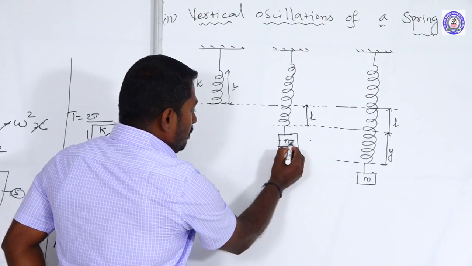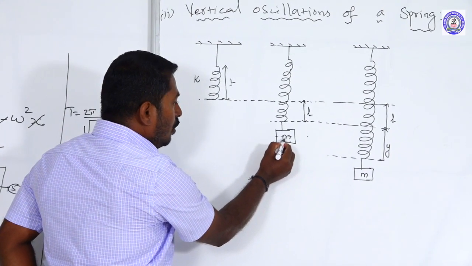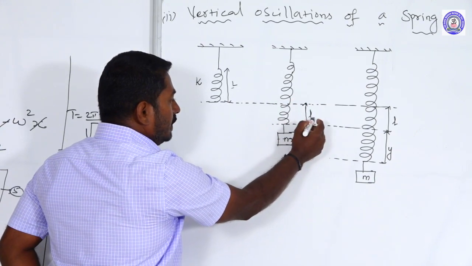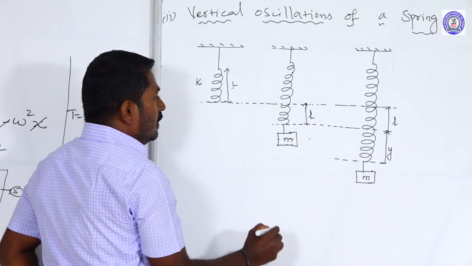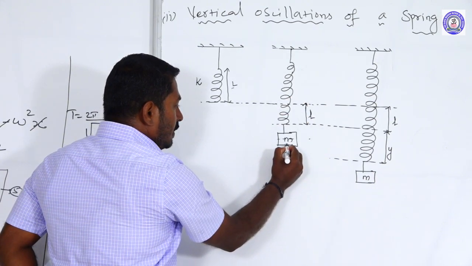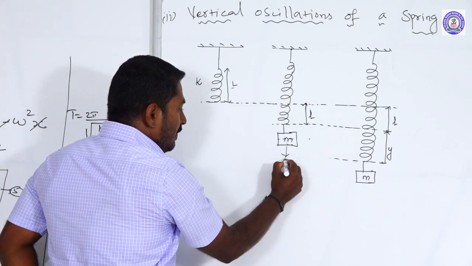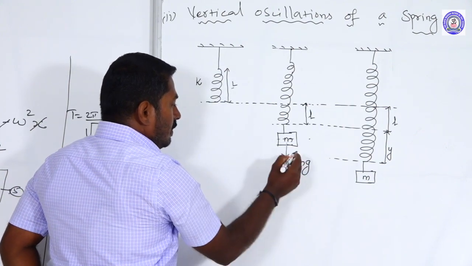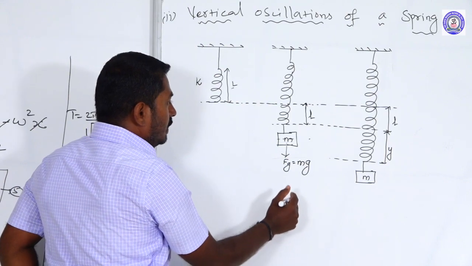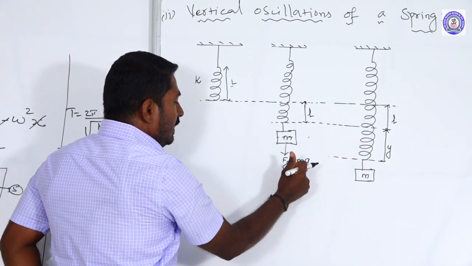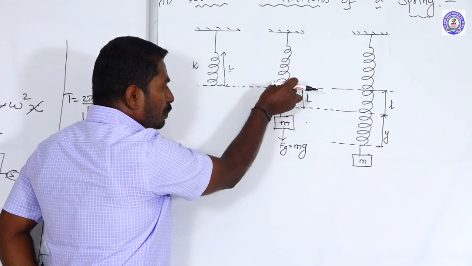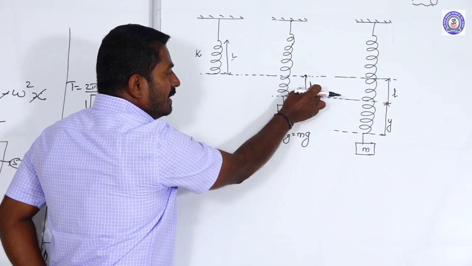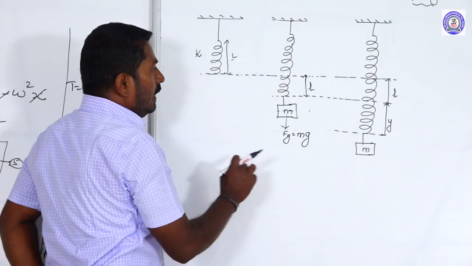Now a block of mass m is loaded onto the lower end of the spring. Then an extension is produced in the spring by a distance L. During the extension, the gravitational force mg acts on the block vertically downward, pulling the spring downward through a distance L from its natural length.